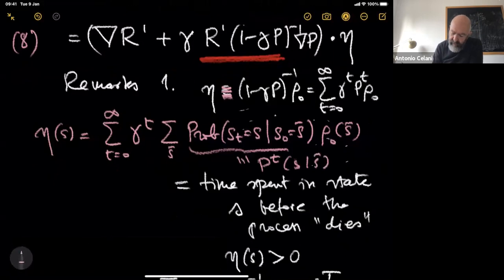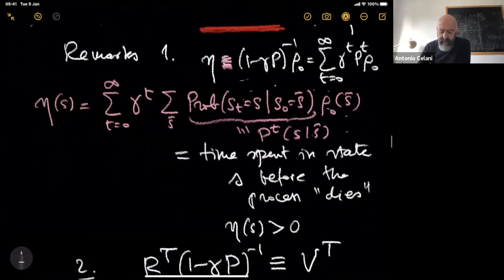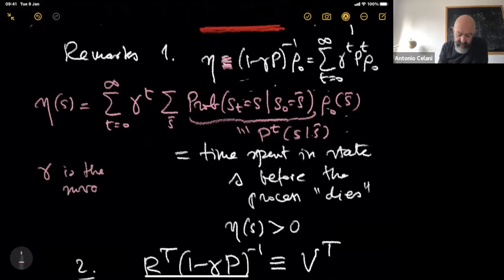Components S and S bar. Okay. So now I can interpret this object eta. Remember, gamma is the survival probability.